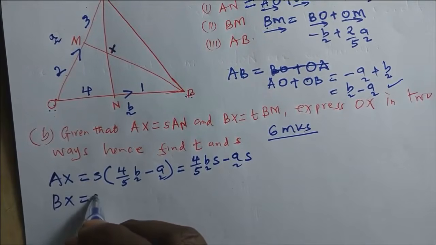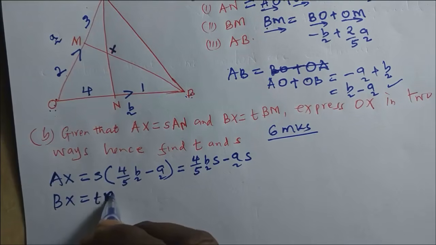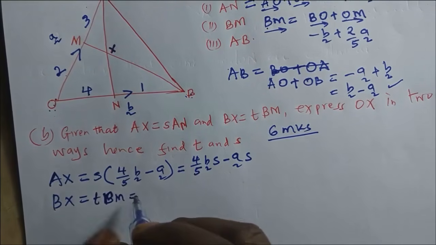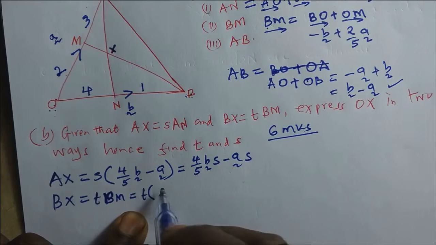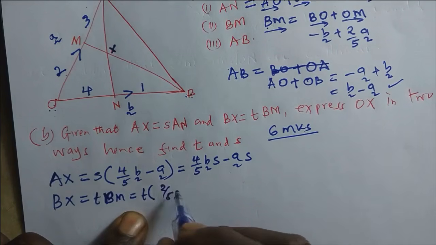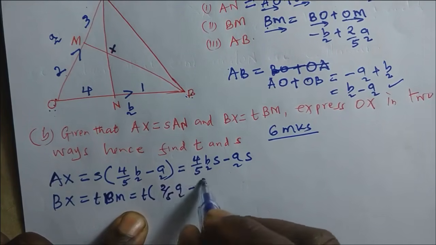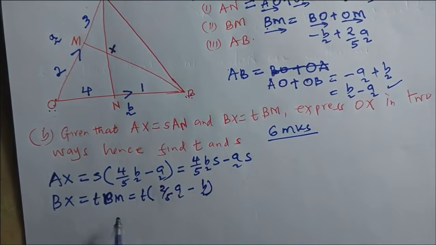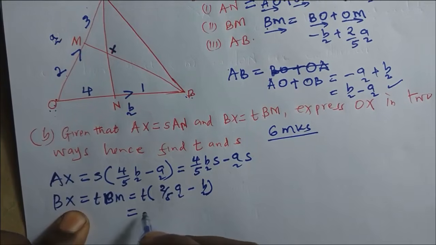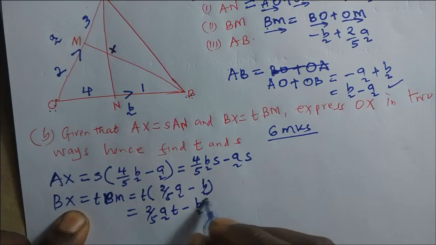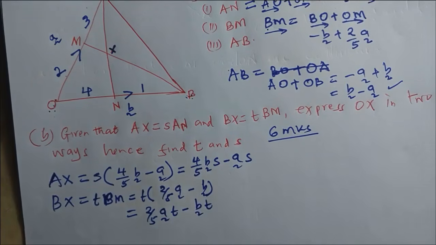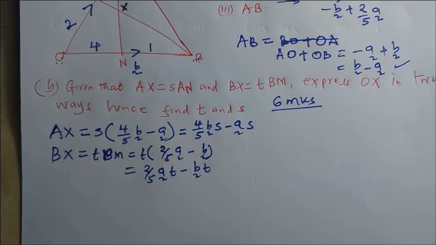We can also express BX because we need it. This is T BM, which is the same as T into BM. Our BM is 2 over 5 A minus B. So BX is equal to 2 over 5 vector AT minus BT, that is vector BX.